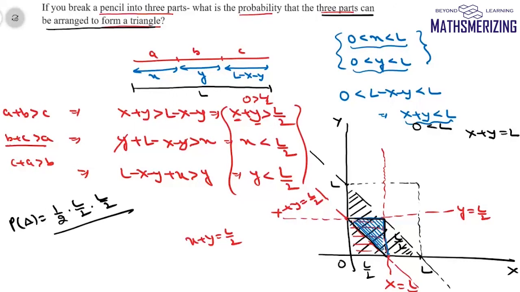Area of this black triangle, which is 1 by 2, and the length of this side is L, this side is also L, so that is L into L. So half will cancel, L will also cancel, and this is 1 by 4. Which simply means if you have a pencil and randomly break it in three parts, then there is a 25% chance that these three pieces will form a triangle.